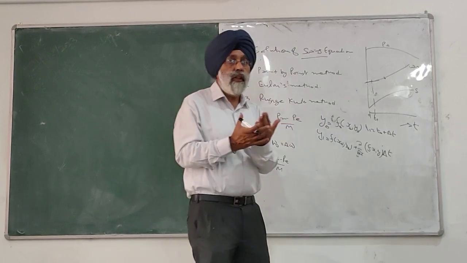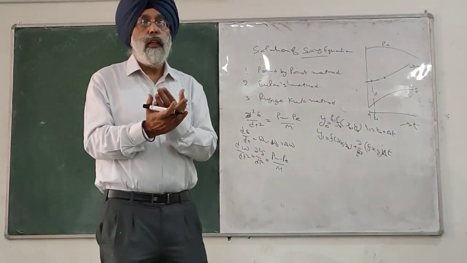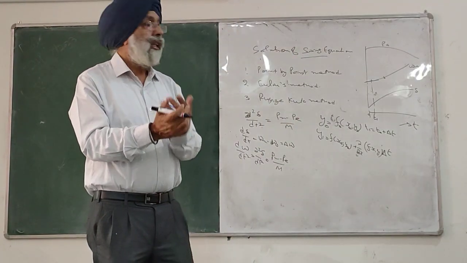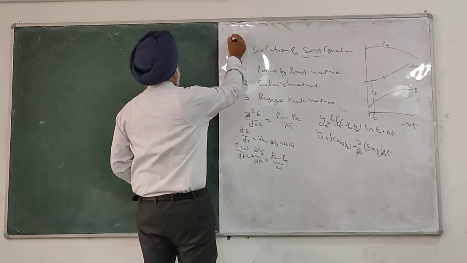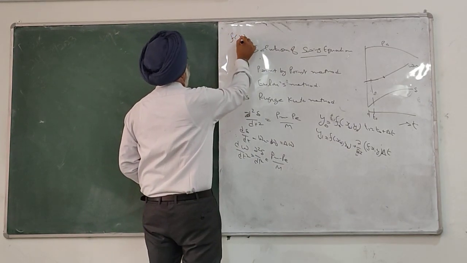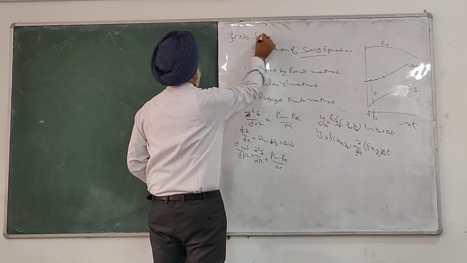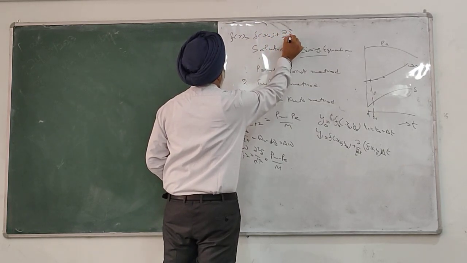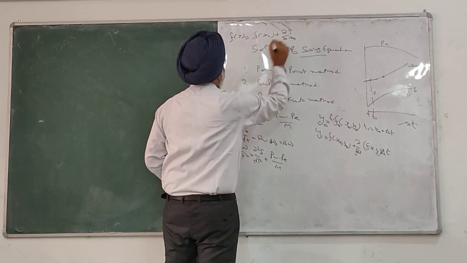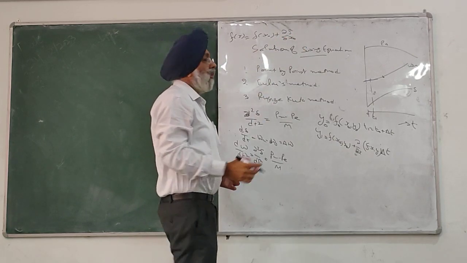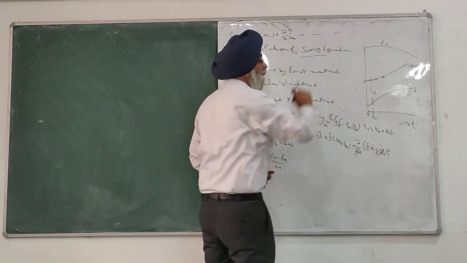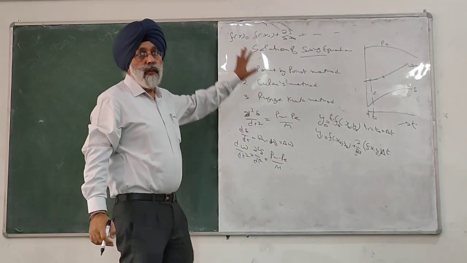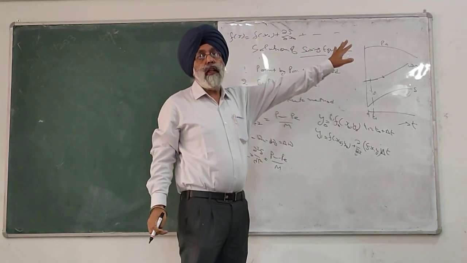In the Newton-Raphson method also we have done like this: we have the function f(x) equal to f(x0) plus the partial derivative of f with respect to x, plus higher order terms, by expanding the Taylor series.